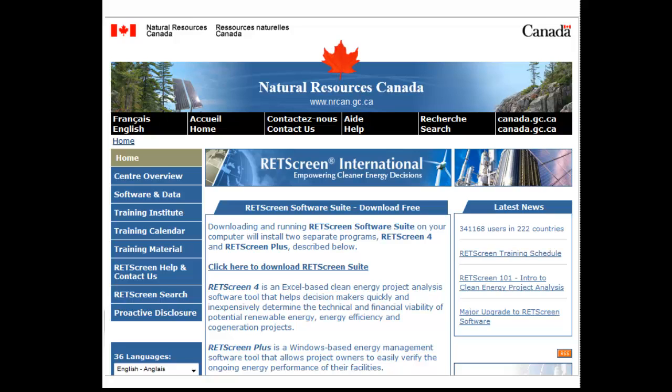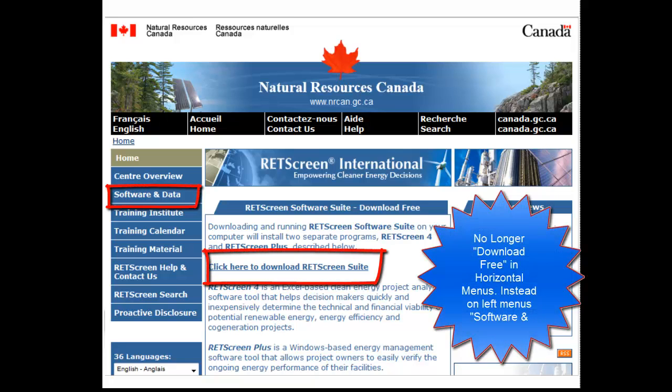Register via an online calendar for upcoming courses, workshops, and seminars delivered by an international network of RETScreen trainers, as well as search or add information to an e-marketplace and forum, which help to promote the implementation of clean energy projects by connecting industry, customers, and project stakeholders together via the Internet. To access these course materials free of charge, as well as software, case studies, a marketplace, and user forums, visit the RETScreen International Clean Energy Decision Support Center at www.retscreen.net. Explore the site, then click on the Download Free menu item in the horizontal bar of options.